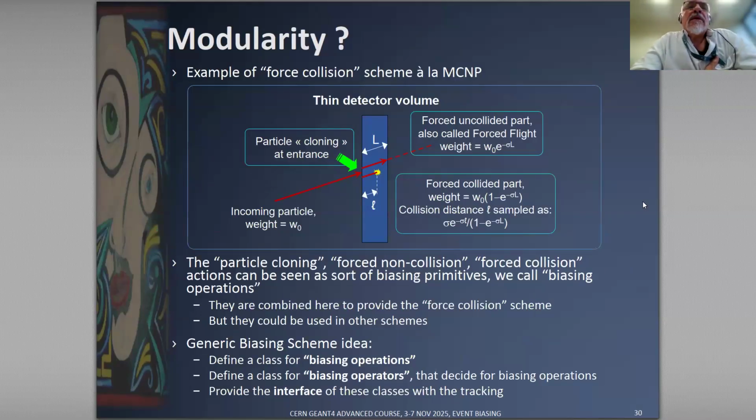This slide shows the force collision scheme as defined in MCNP. In this scheme, you have a thin volume, and you want to account for two things: particles which interact inside this thin volume, but with a very low probability, and the other part of the flux, which does not interact inside the volume.